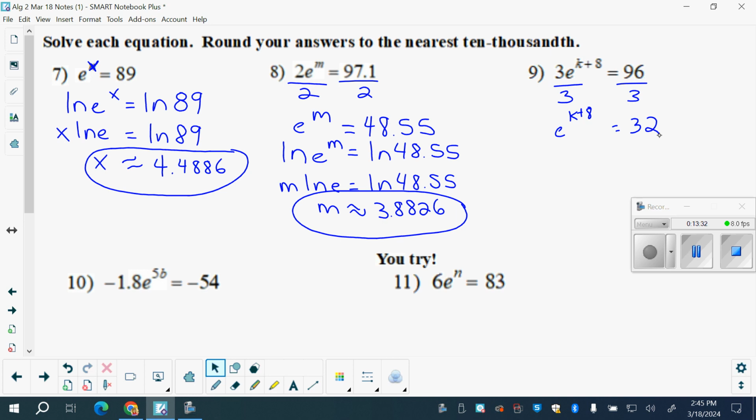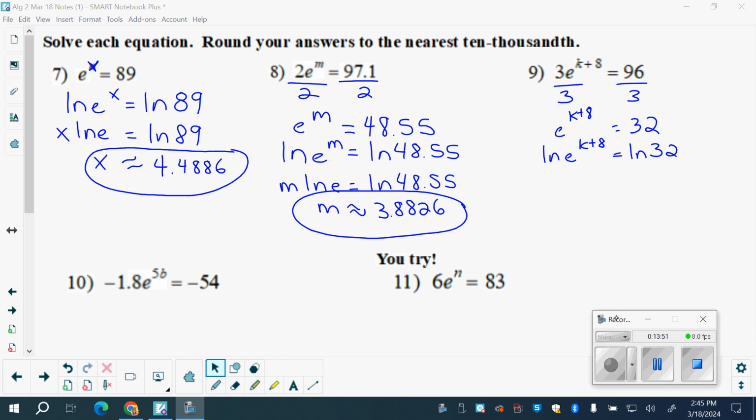Log e. That's right, log e, or natural log. So natural log of both sides. So we're going to move that k plus 8 to the front. And then natural log of e is just 1, so it's just equal to k plus 8.